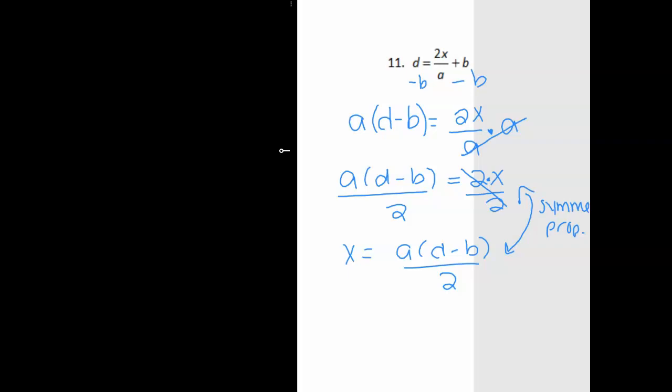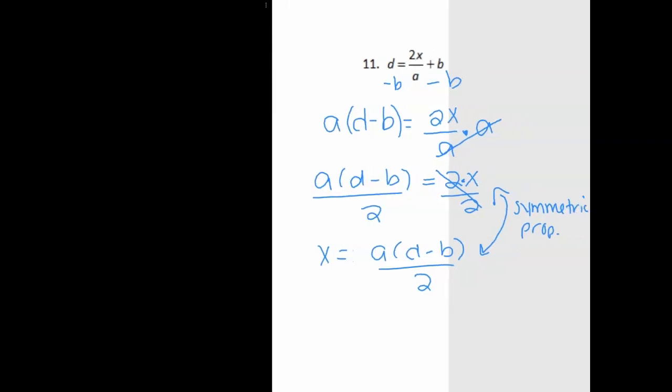Just again, reiterating and reviewing those properties we talked about. Now, the last thing we have to look at is that when we started this problem, we were dividing by A. So once again, we have to say that A cannot be 0 because we cannot divide by 0.